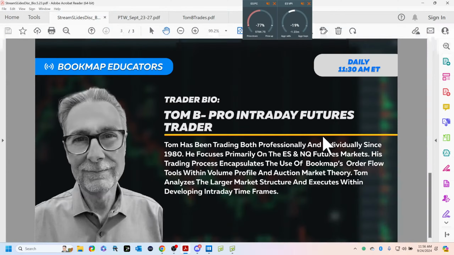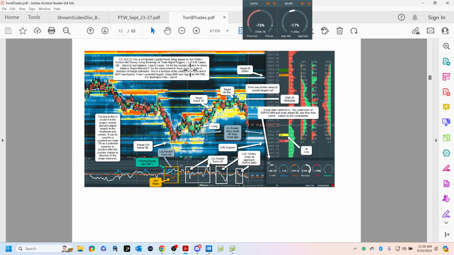If you haven't seen the 60 PDFs, this is what they look like. There's a lot of minutia and detail. These are actual trades. Also, some of these things I work with Bookmap developers. This is back in 2020. Just letting you know some things that I did. This is a short.